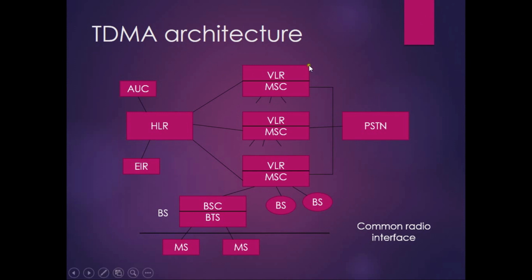In this figure, you see that there is MS. The MS is connected to BS. Here MS means mobile station and BTS means base transceiver station. The base transceiver station is connected to BSC. BSC means base station controller. That means BS is base station.